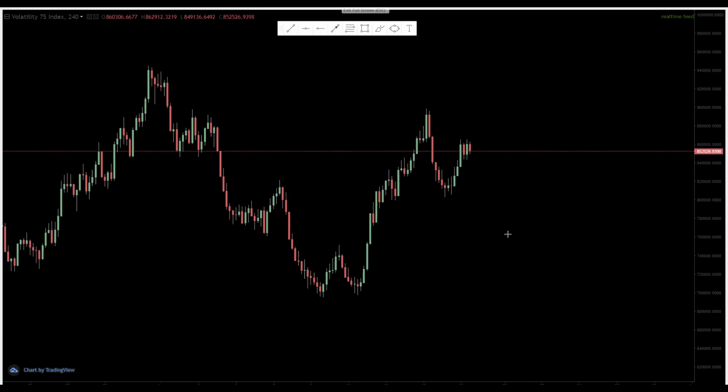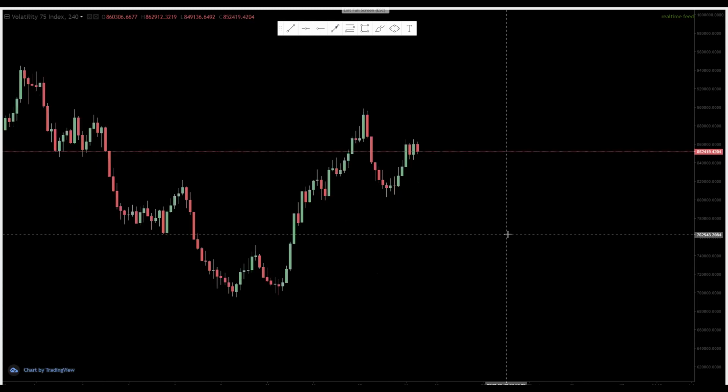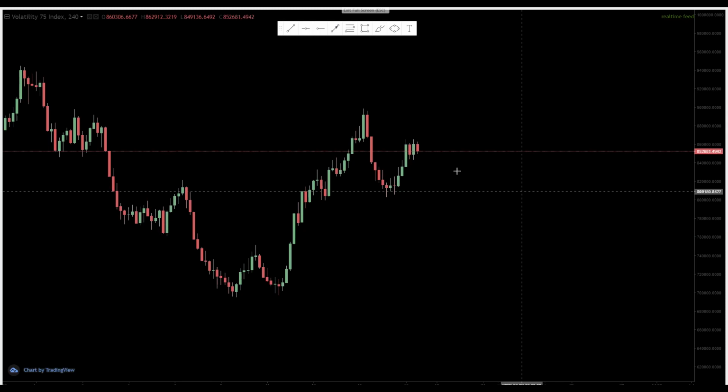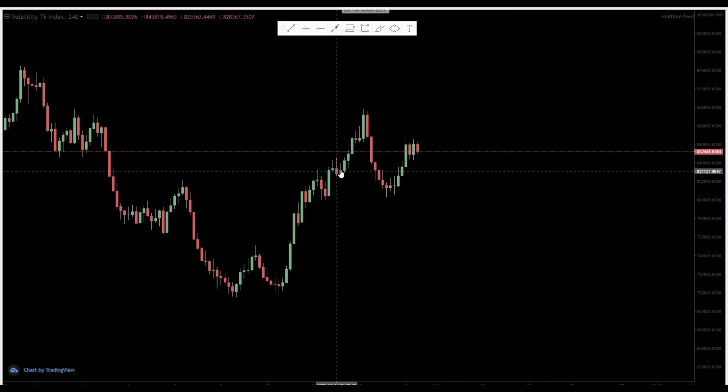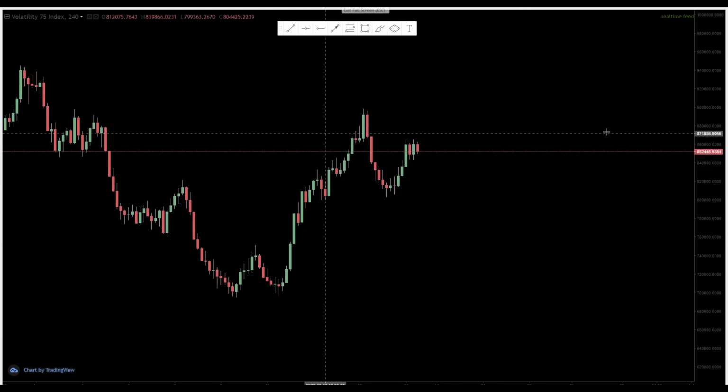Let's try to define what order blocks are. Order blocks are candles that help you and me know what the market makers are thinking about the market. So order blocks are candles where market makers have placed their trades.